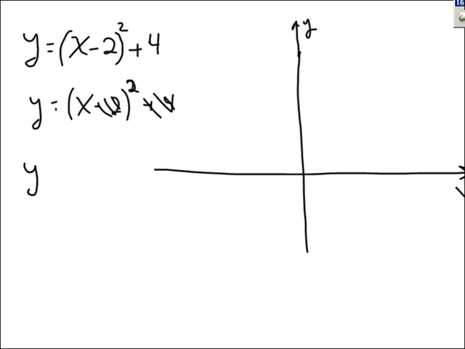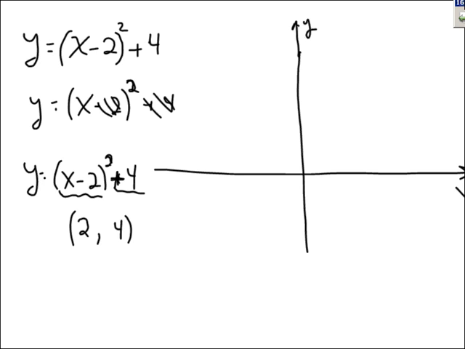Just ask yourself two questions. What makes this 0, which is 2, and what does that say? And that question couldn't be any easier. What does that say? It says 4.